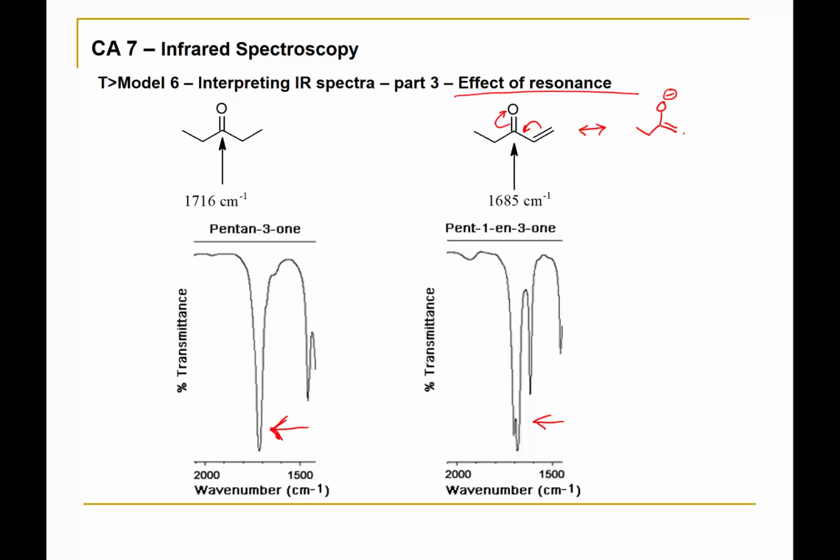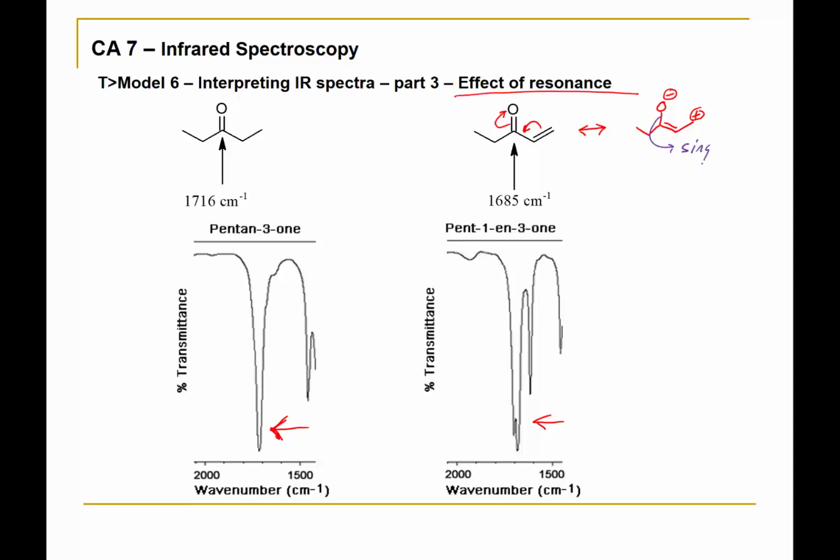There'll be a pi bond here, and as a result, there's a positive charge on the carbon. As I say, this is not a major contributor, but there is some degree of delocalization of the electron density. Notice that in this second resonance form, the carbon-oxygen bond appears to be a single bond.